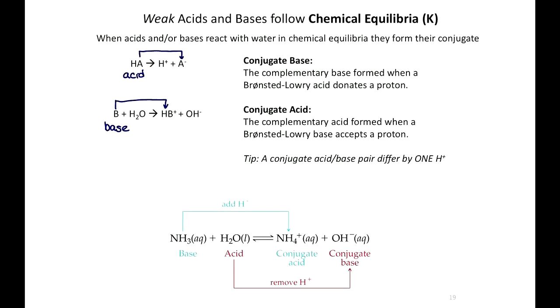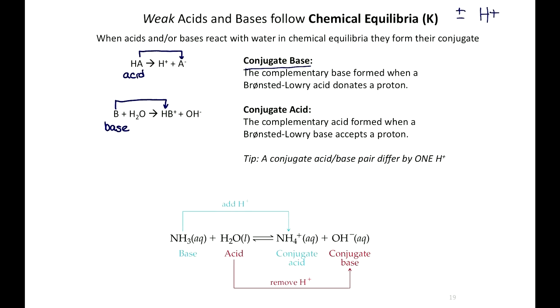When we have an acid and it donates a proton, the thing that's created is called its conjugate base. Versus if you put a base in water and it accepts a proton, then we call that new substance that's created a conjugate acid. So all of these conjugates differ by the addition or removal of an H+. All right, so a conjugate base, and we're going to stick with Bronsted-Lowry acid-base theory for the remainder here.